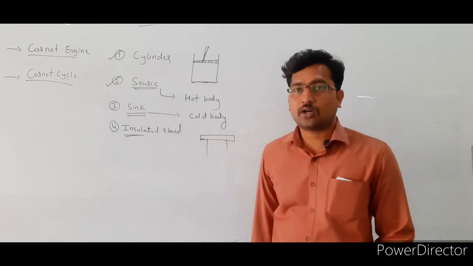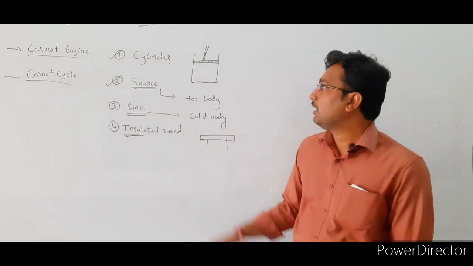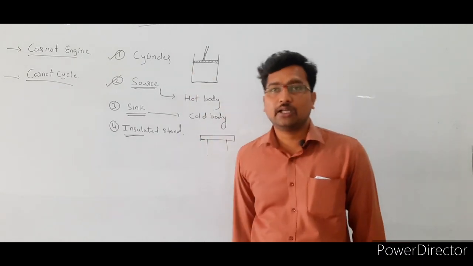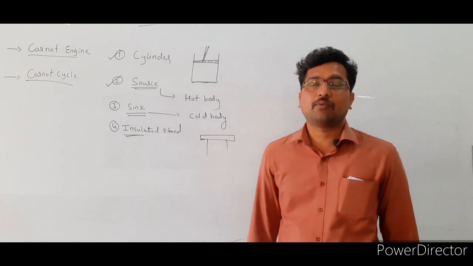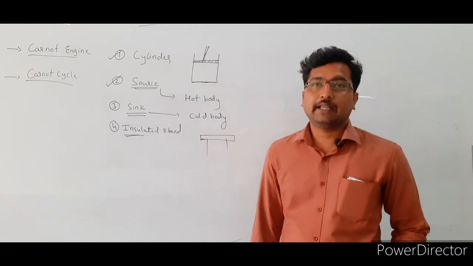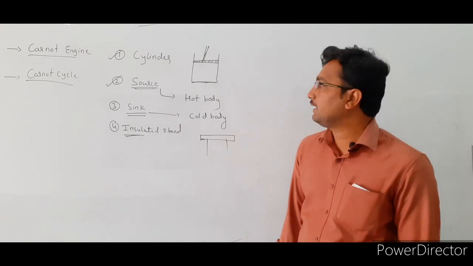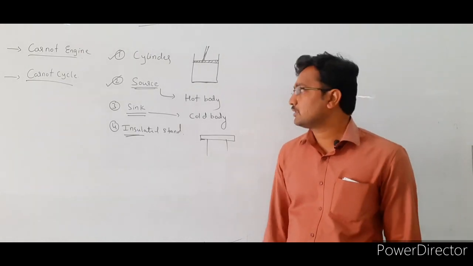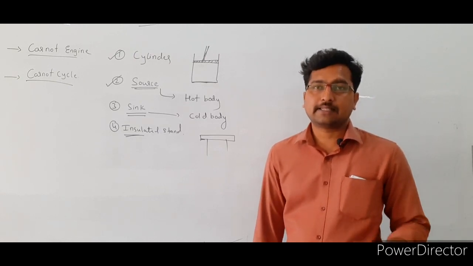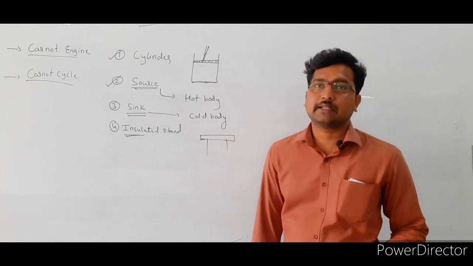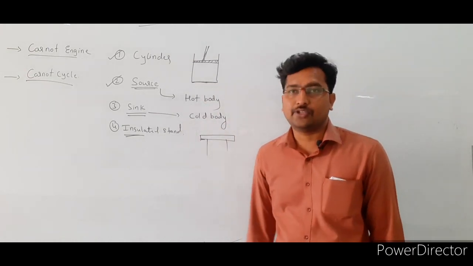The source is a hot body at very high constant temperature, supplying energy to the working substance. The sink is a cold body at very low constant temperature, absorbing the rejected heat. The insulated stand is made up of a purely bad conductor of heat.